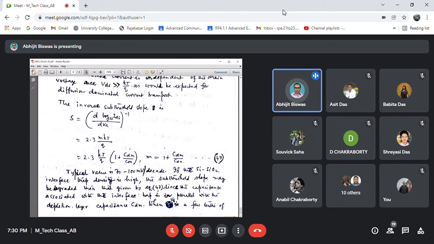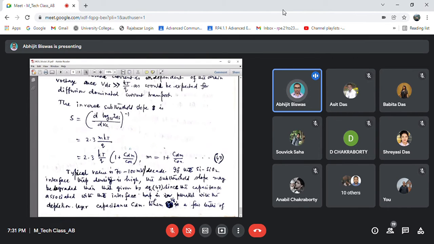It is very important because if there is an appreciable amount of interface trap charge density, the capacitance associated with it comes in parallel with this depletion capacitance. A parallel combination of capacitances means the capacitance will be higher. So this will give rise to a higher value of inverse subthreshold slope.